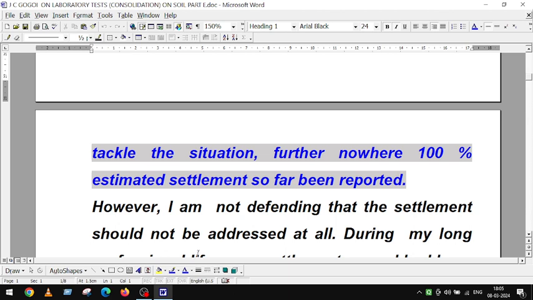A scholar published later that it is a maximum of 30%. However, I am not defending that settlement should not be addressed at all. Settlement may take place.